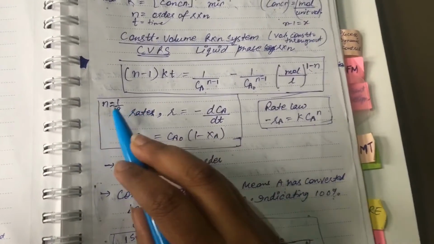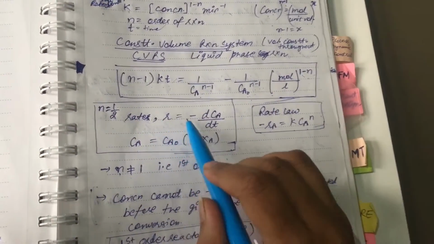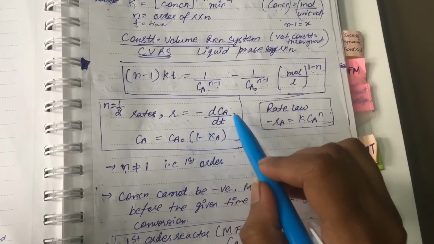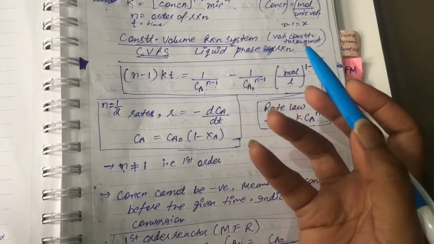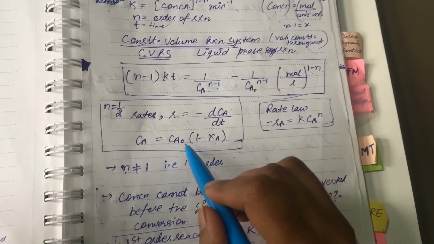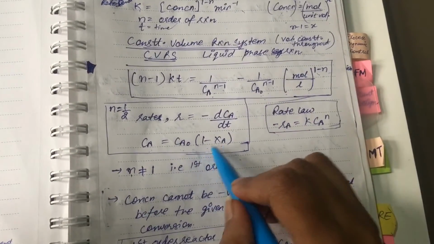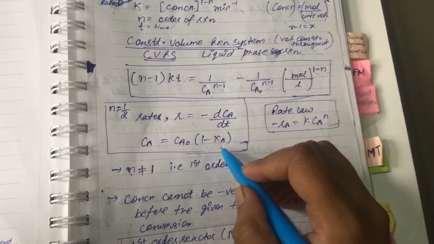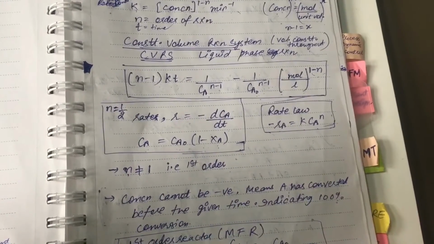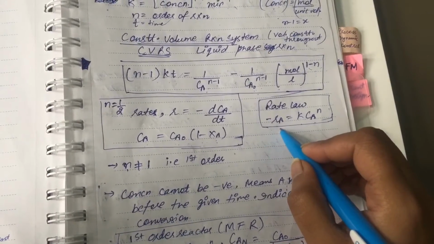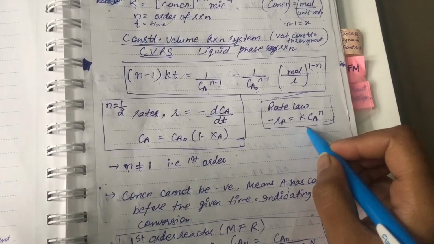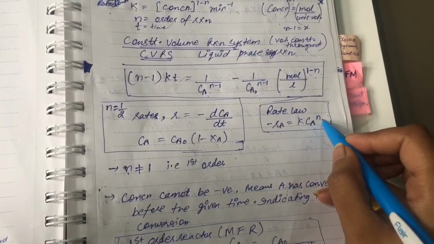For n equal to 1/2, rate is -dCA/dt, where concentration Ca is equal to Ca0, the initial concentration, times (1 - Xa), where Xa is the conversion of A, and the rate law is given as -Ra = K Ca^n.